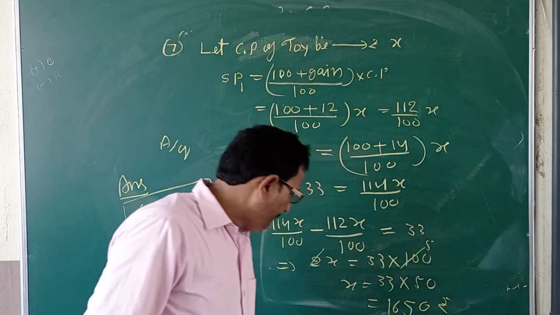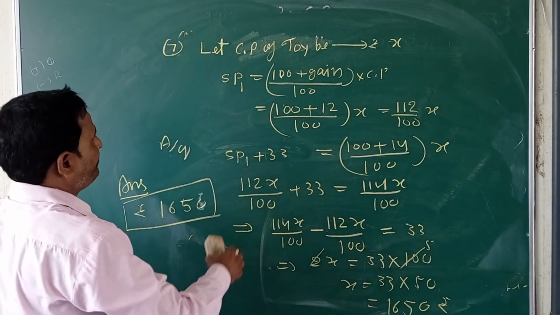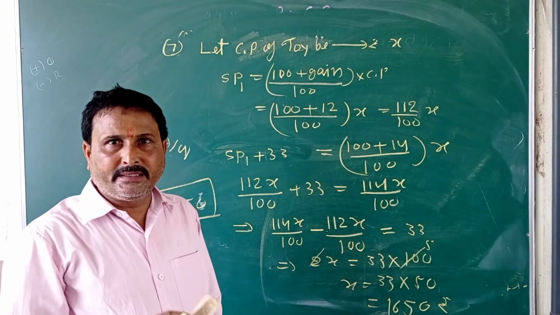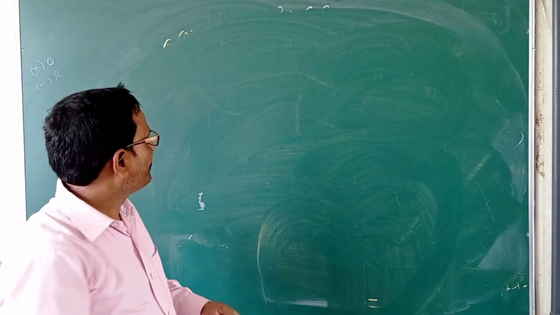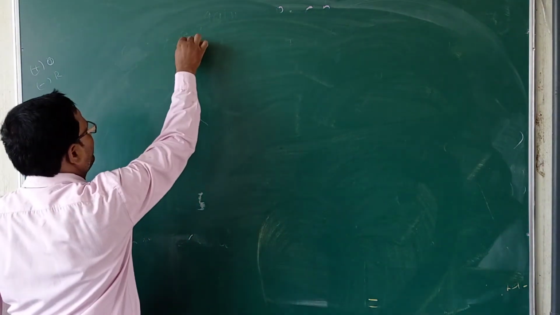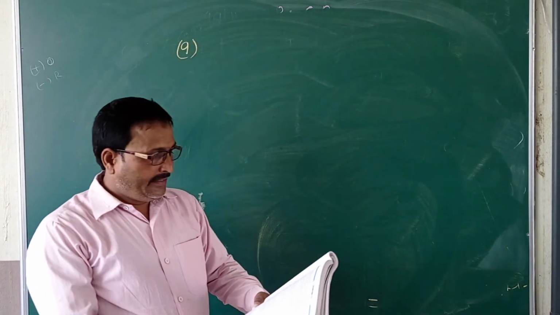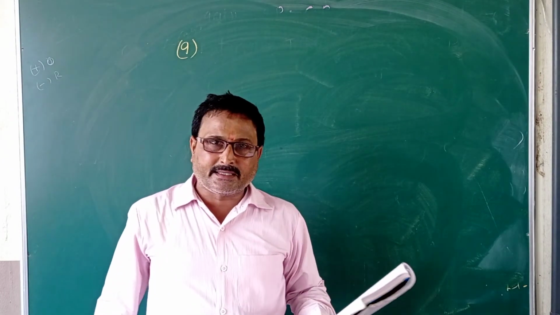One more question I am going to explain. See question number 9. You write on your copy neatly and clearly. Now I am going to explain question number 9. In question number 9, it is given that Abhinav purchased 2 dozen chairs for rupees 9600.